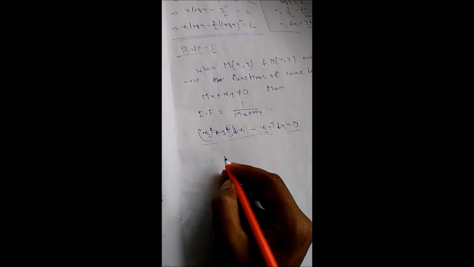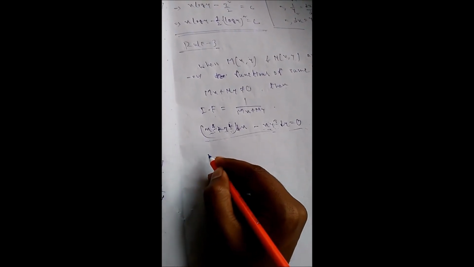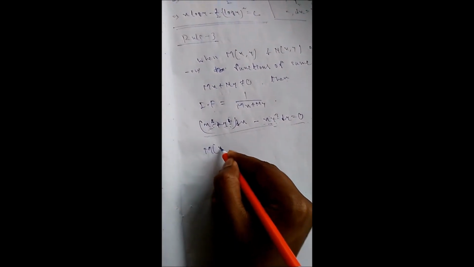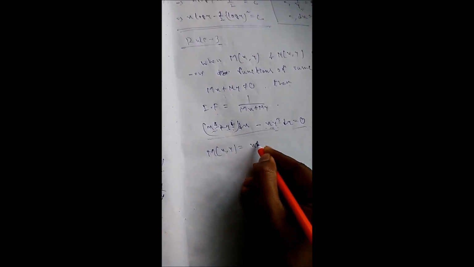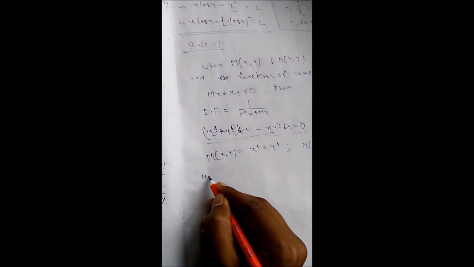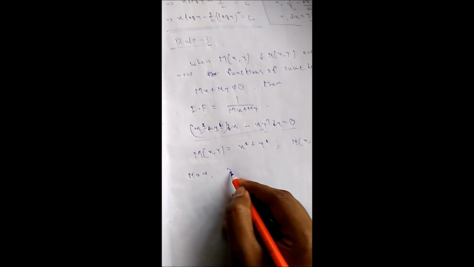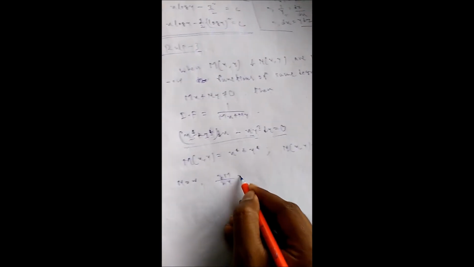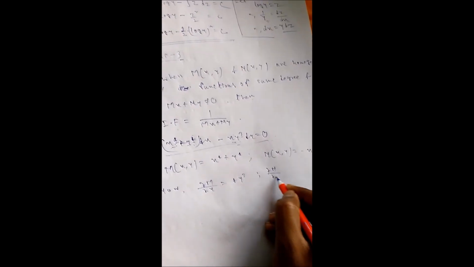Now it is a homogeneous equation, and now mxy is equal to x to the 4 plus y to the 4, and nxy is equal to minus xy cube. Now del m by del y is equal to 4y cube, and del n by del x is equal to minus y cube.